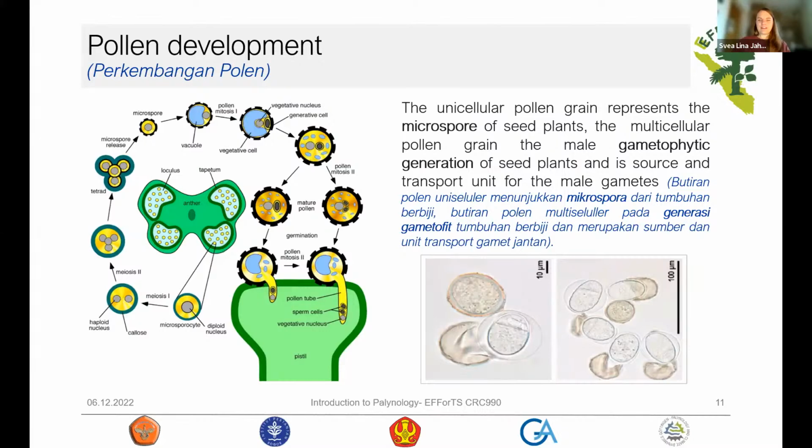So you can see also the pictures over here, basically the pollen tube, which releases the male gametes out of the pollen grain, which here you can see is covered by this protective wall, which is so resistant to decay.